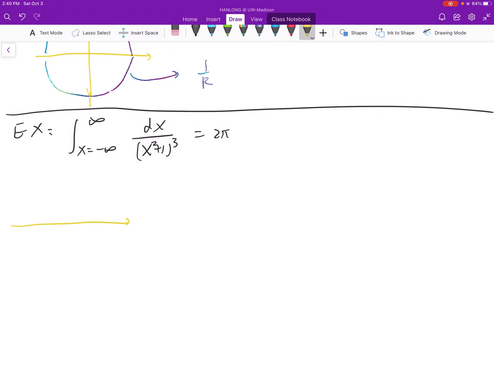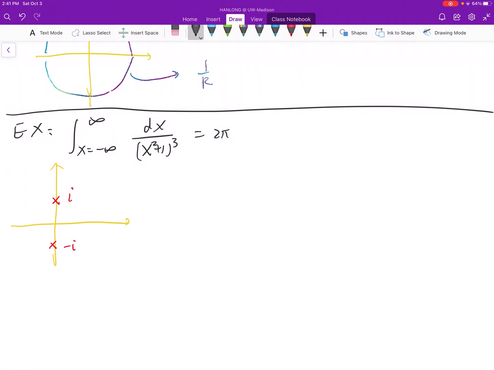The degree of the denominator is 6, and the degree of the numerator is 0. Moreover, the poles are negative i and i, so they are not on the real number line.